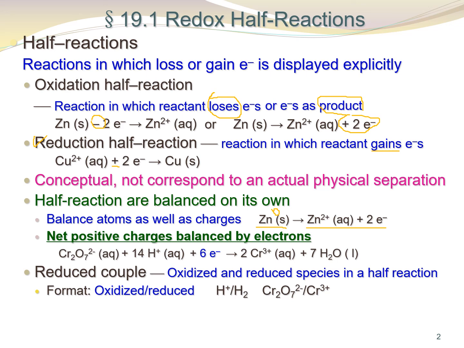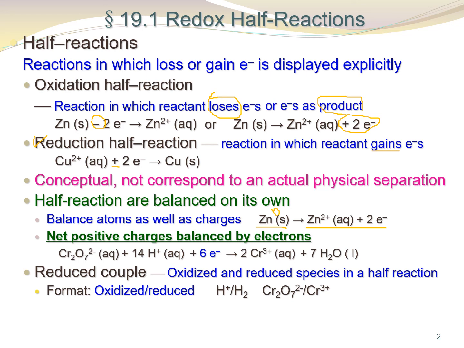For the redox couple, we must have the oxidized species shown in the first place, the reduced species in the second place, and we use a slash to connect these two. How do we know which one is the oxidized species and which one is the reduced species? We can set up the half reaction to determine where we should add the electrons. And from where we add electrons, we know which one is the reduced species and which one is the oxidized species.